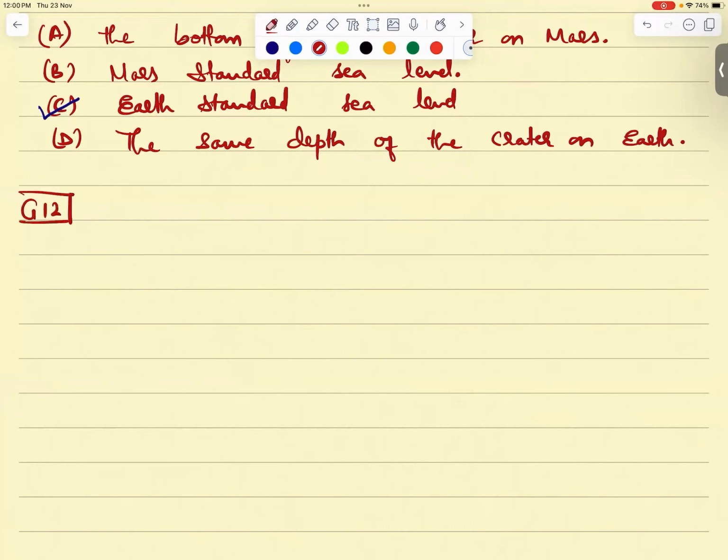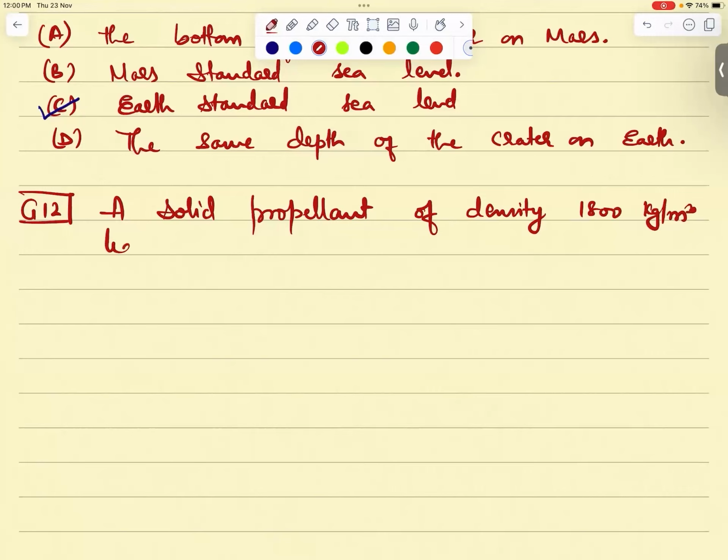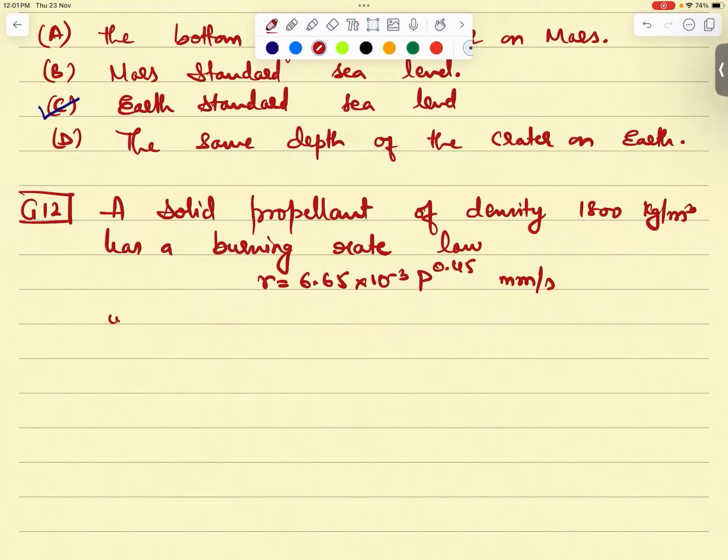GATE 2012. A solid propellant of density 1800 kg per meter cube has a burning rate law r equals 6.65 into 10 power minus 3 into P to the power of 0.45, in mm per second units, where P is pressure in pascals.